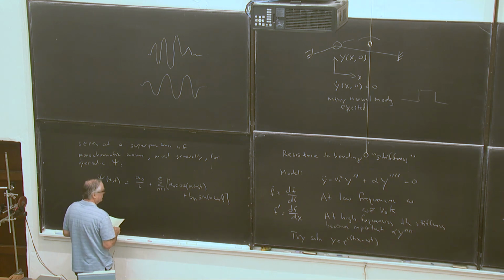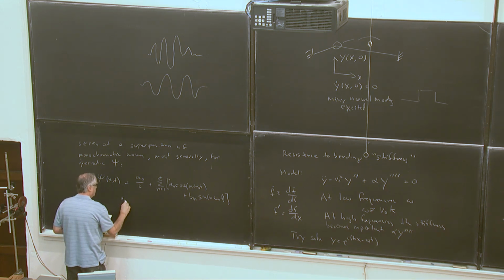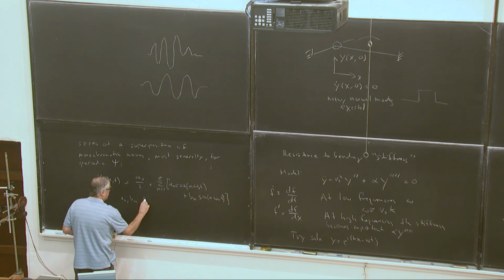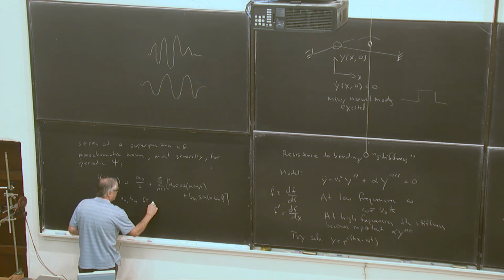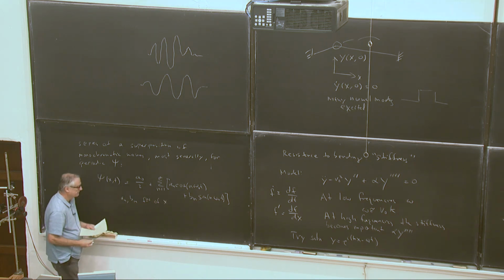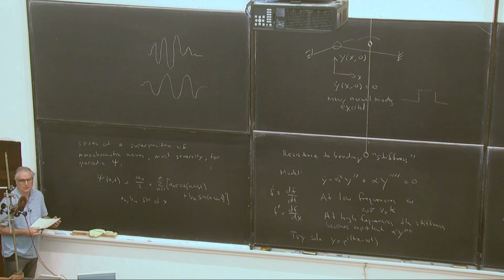And so A sub n and B sub n are here. I've only written down the time dependence. The A sub n and B sub n are in general functions of x in doing this expansion.